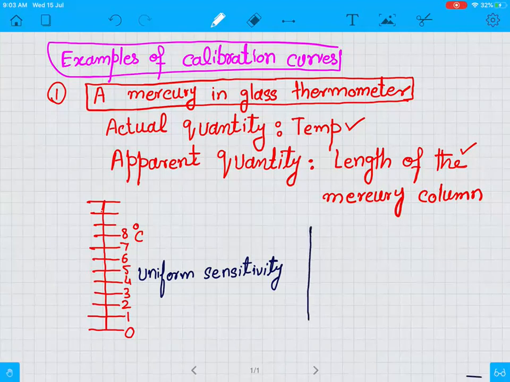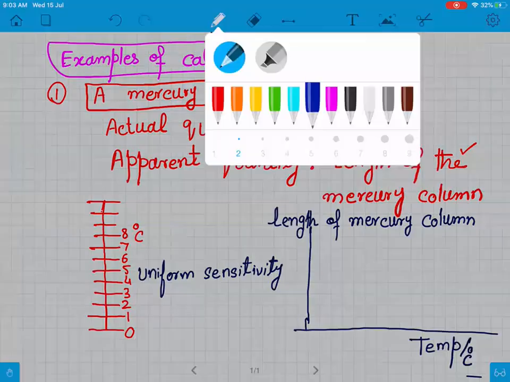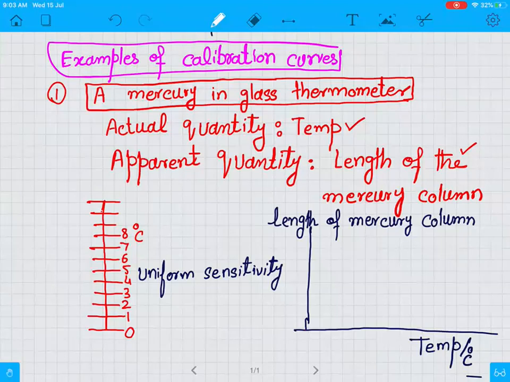Now, if we plot a graph between the length of mercury column along with temperature in degree Celsius, then this graph would be a straight line through the origin.